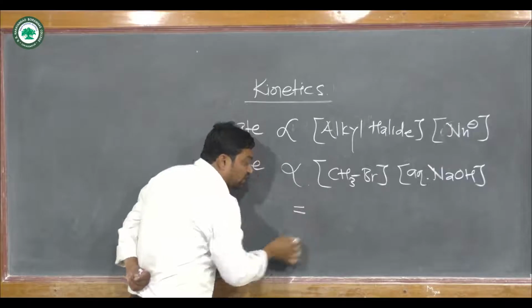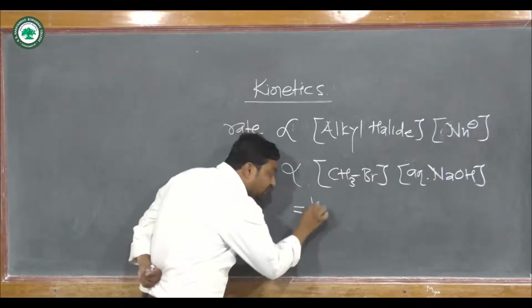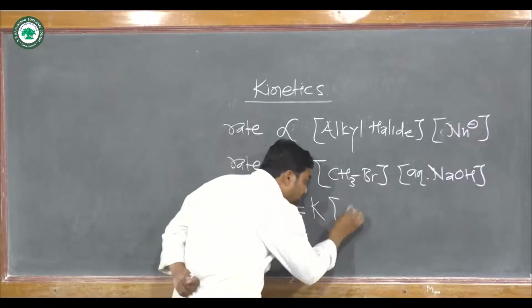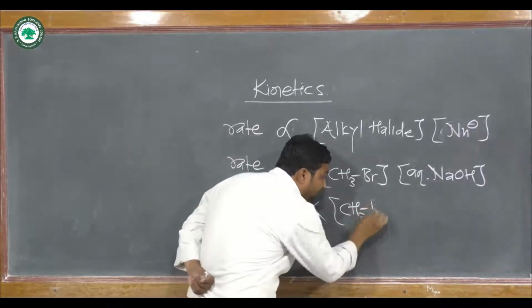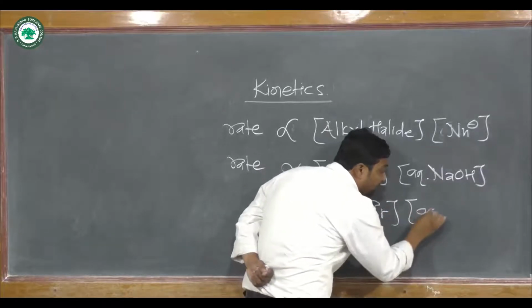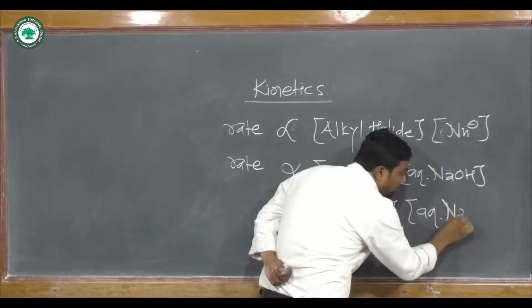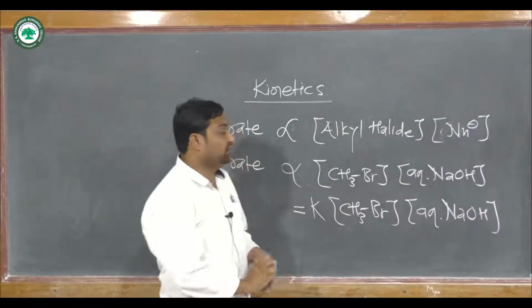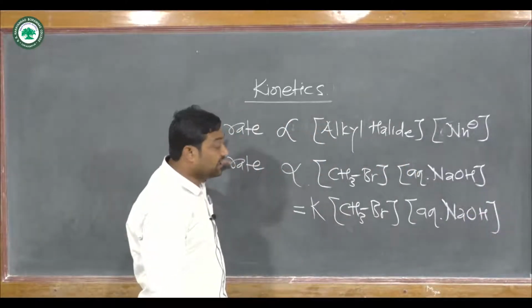Now this rate equals k, which is the rate constant, times the concentration of both the reactants which we used in our SN2 reaction.